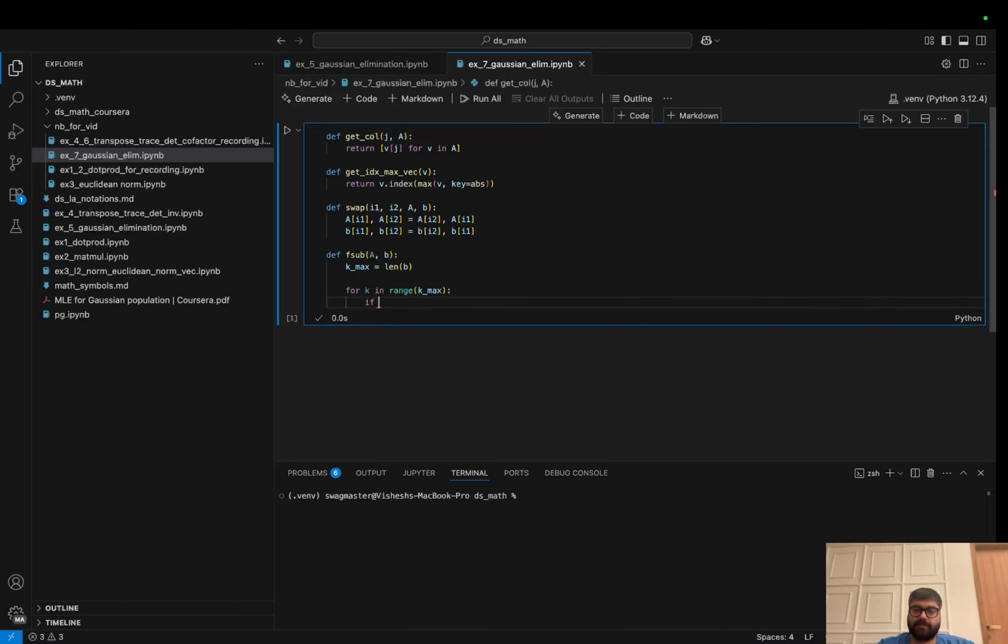If, let's say, p colon equals get idx max vec, get call, j a, right, for k in range k a? That doesn't seem right.